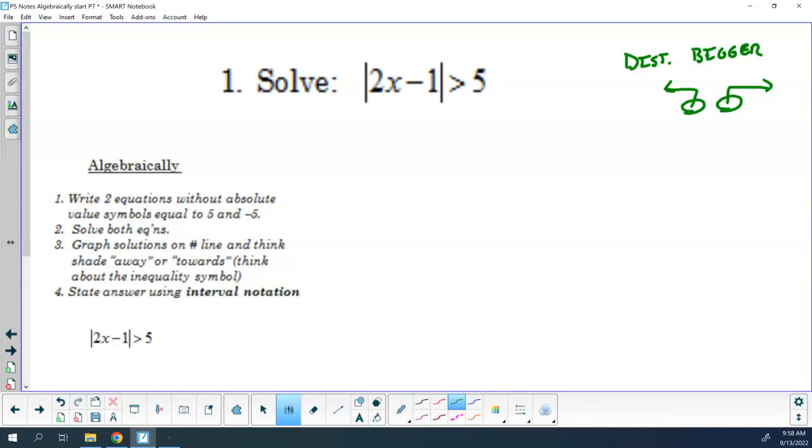Okay? So how we're going to do that is we're going to set the insides, 2x minus 1, equal to positive 5. Then I'm going to take 2x minus 1, the insides, and set that equal to negative 5. And when I solve those two, that's going to give me those two numbers.